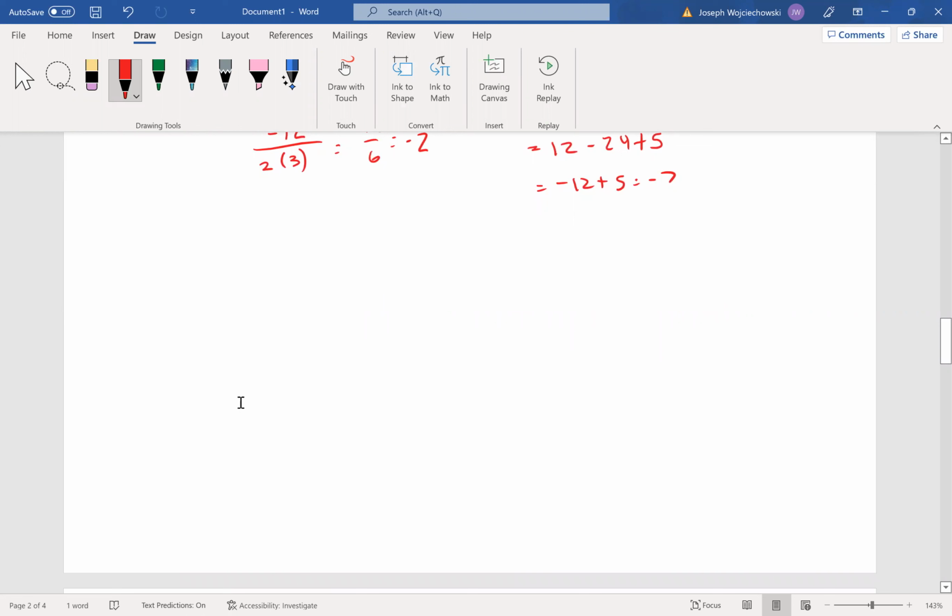So now let's look at some applications of this. A quarterback throws a football with an initial velocity of 72 feet per second at an angle of 25 degrees. Now, this is not trig, so we won't need to know how to do this. It's given to us.